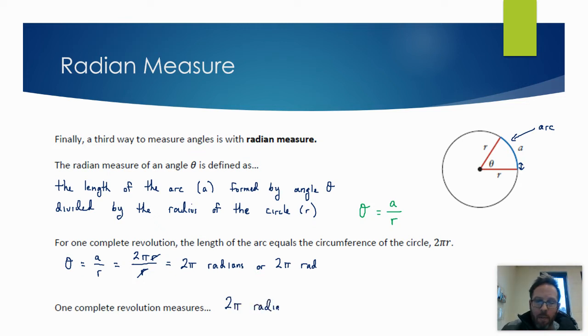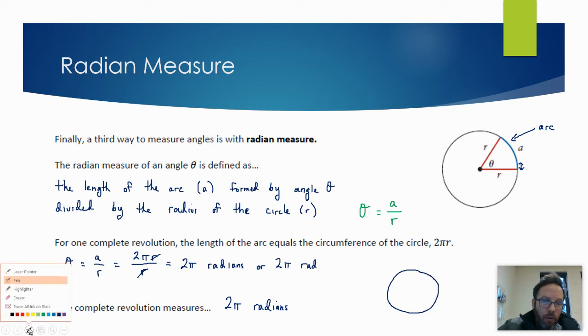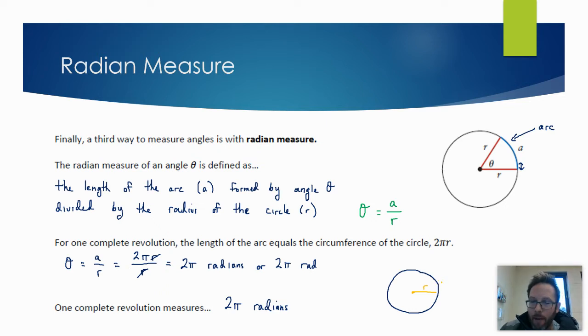Now, you may have seen this before as an exercise in one of your grade 8 or grade 9 math classes. It turns out for any circle at all, if you take a piece of string the length of the radius of the circle and lay it out around the outside of the circle, it's going to go around half the circle exactly pi times.